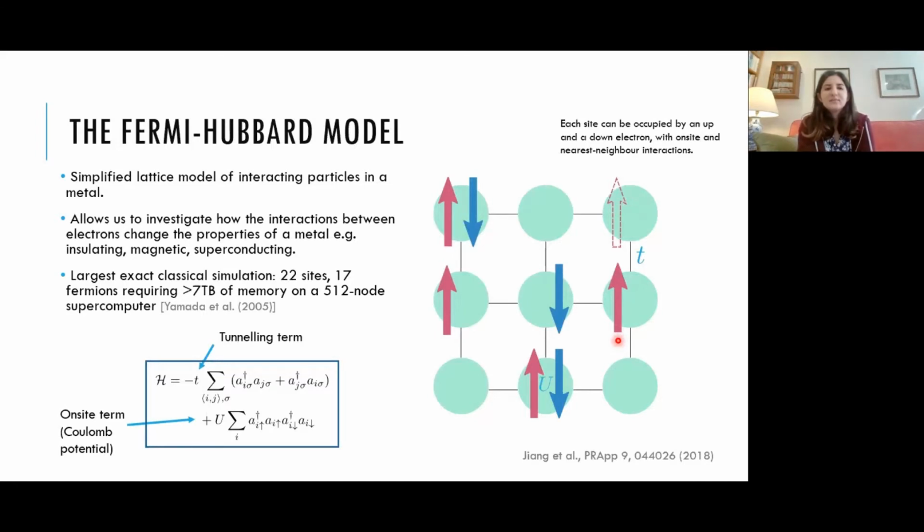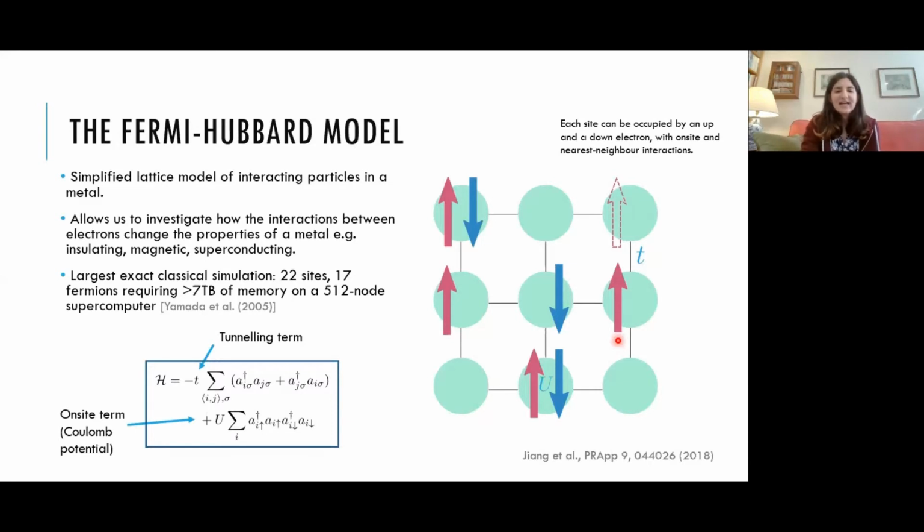This model is widely studied in condensed matter physics because even though it's simple, it allows us to investigate how the interactions between electrons change the properties of a metal, making it insulating, magnetic, superconducting, and so on.